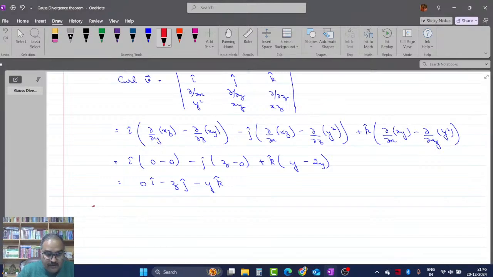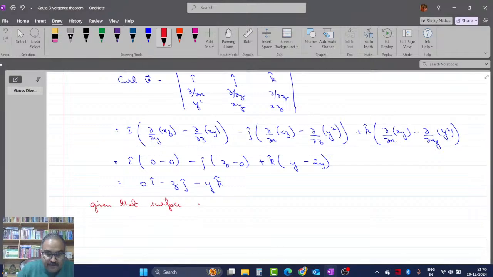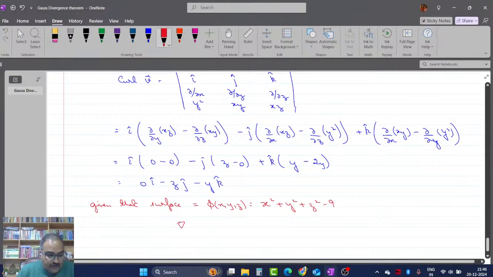So given that surface is equal to phi of x y z, और वो आपके पास गिवन किया हुआ उन्होंने x square plus y square plus z square minus of 9. So that means first of all I need to find n vector that will be equal to del phi.